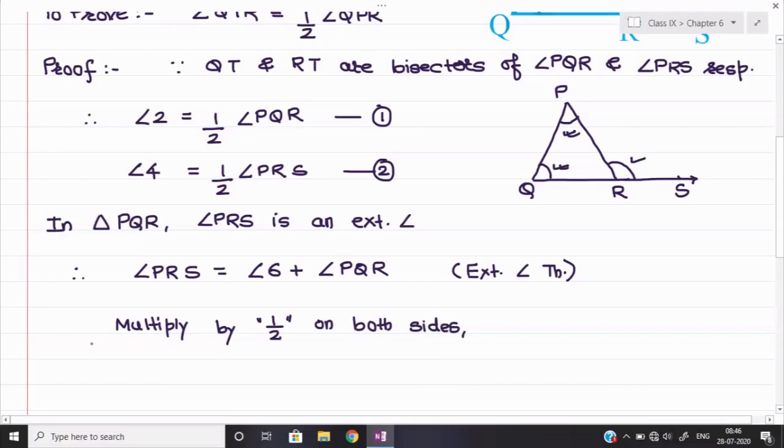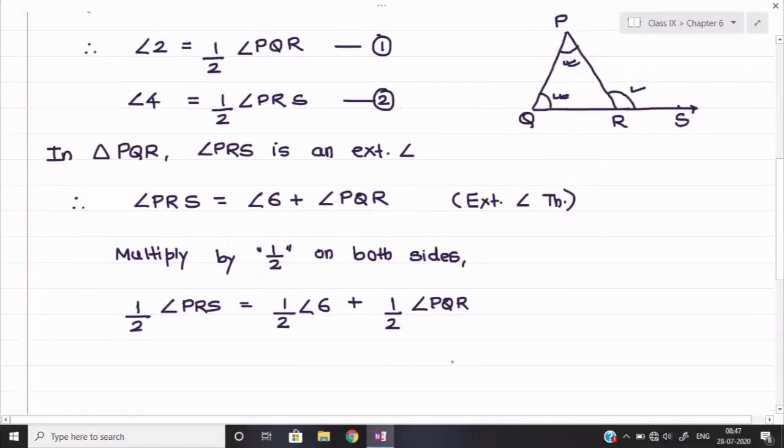We shall multiply by 1 by 2 on both the sides. We can do it. If 10 is equal to 10, then half of 10 means 5 will be equal to 5. Same way we shall do it here. 1 upon 2 of angle PRS is equal to 1 upon 2 of angle 6 plus 1 upon 2 of angle PQR. Everywhere 1 upon 2 I have multiplied. Now look at the equation first and second.